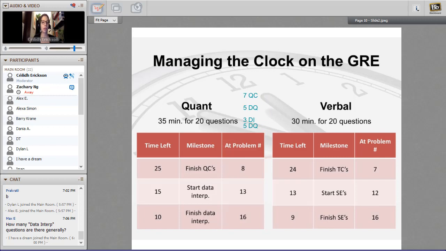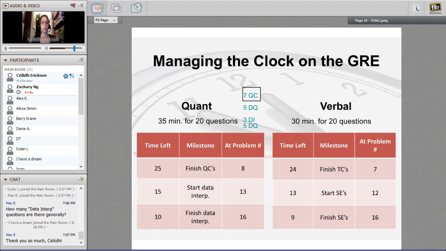The reason that this is important, when we think about those first 7 QC questions, if people spend too long on those, if you're spending 2 minutes per problem there, that's 14 out of your 35 minutes, and that doesn't give you much time for these other ones.